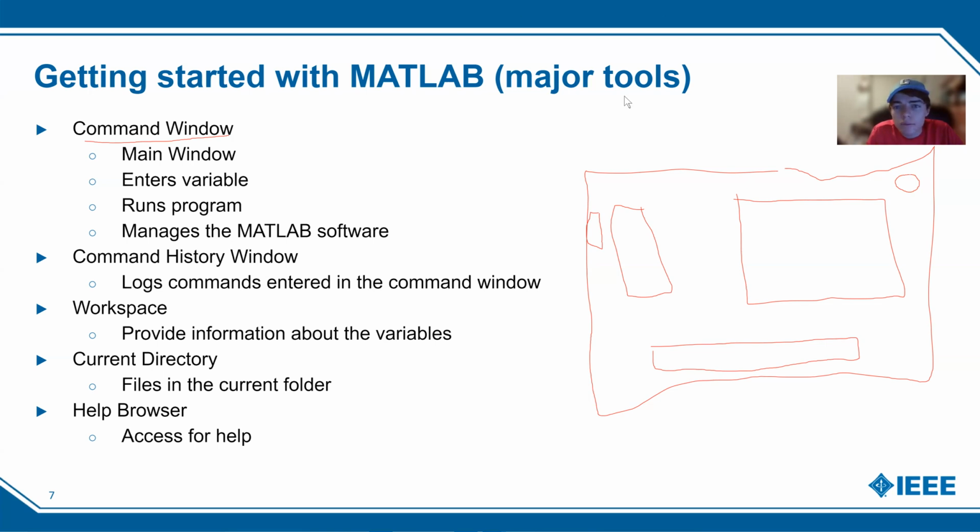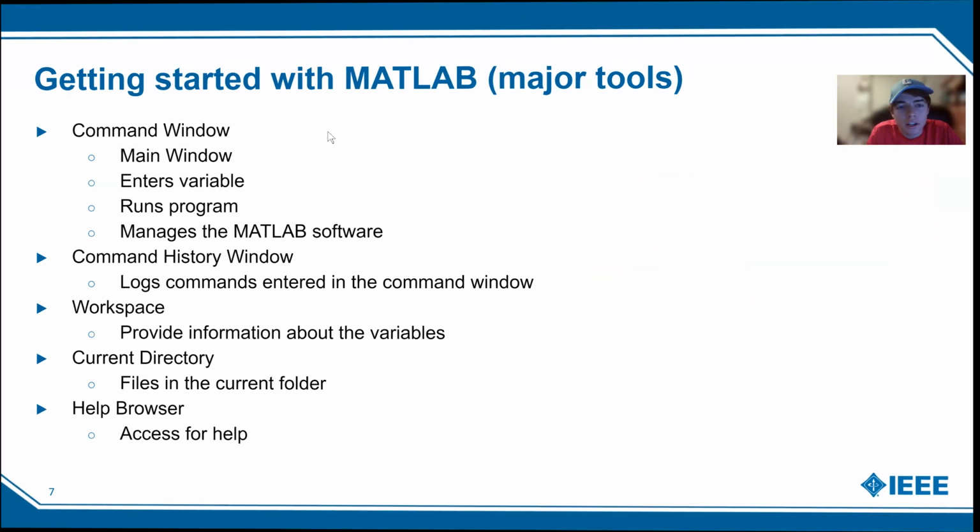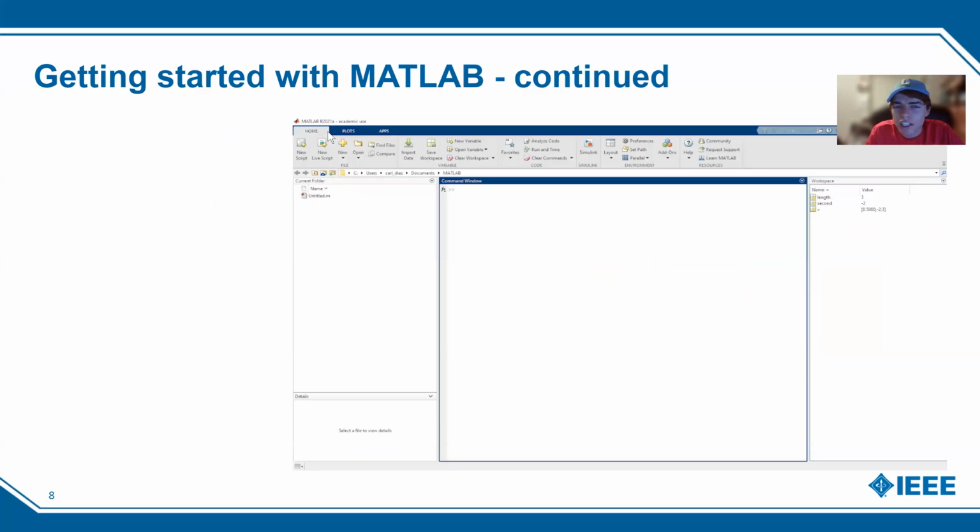Let me go on to the next one and get a look at what this actually is, and then we'll start coding a little bit. MATLAB looks like this. You can see your command window right here, and you'll also notice you have your home, your plots, your applications.